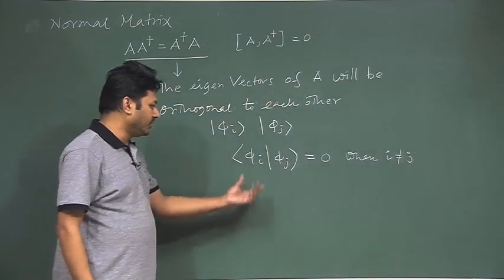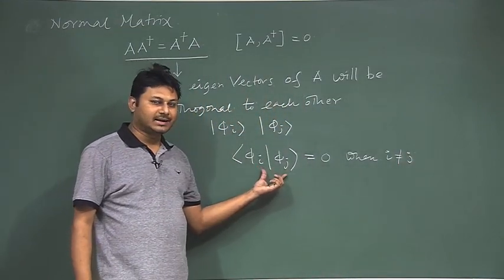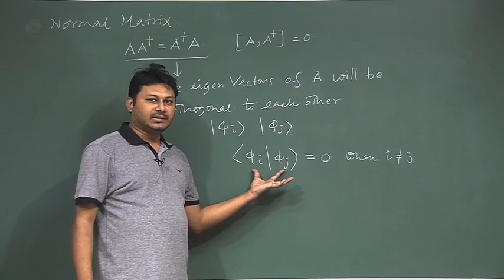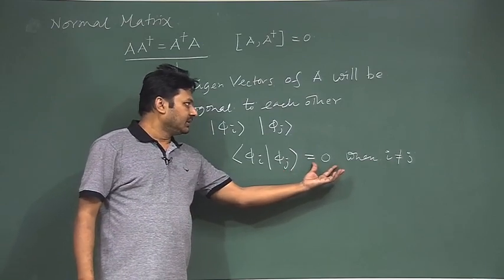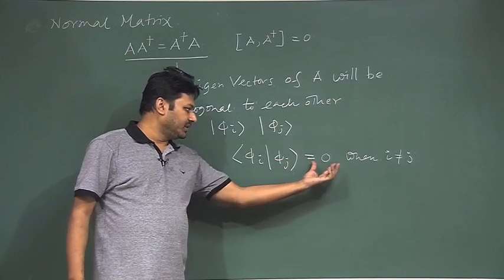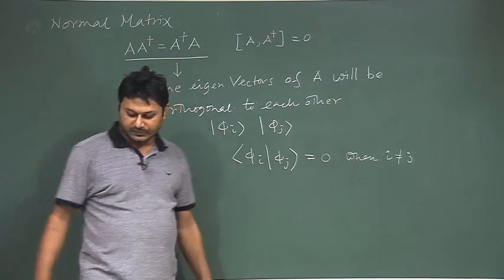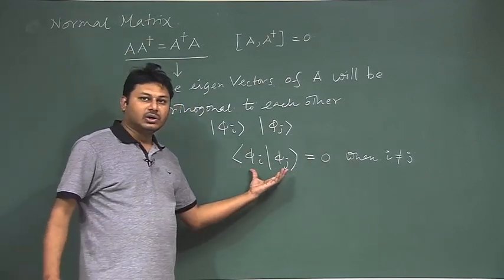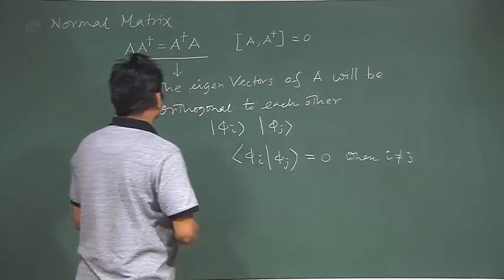I do not know whether it will be 1 when i equals j or not. In that case, the vectors have to be normalized, but in general they will be orthogonal. That means the two vectors will be perpendicular to each other when i is not equal to j.